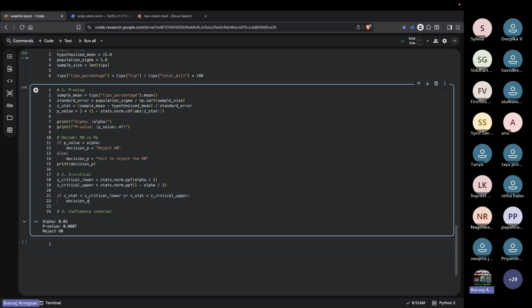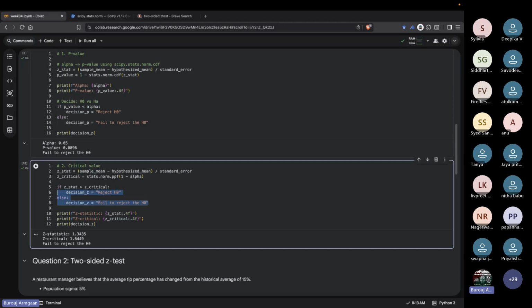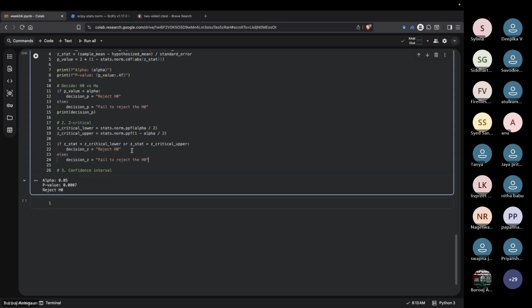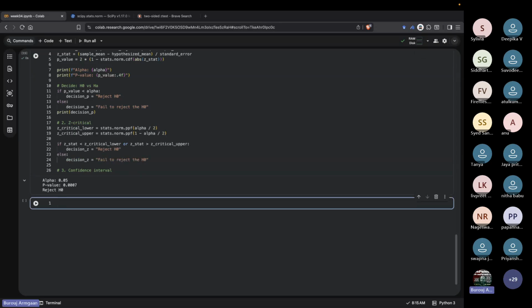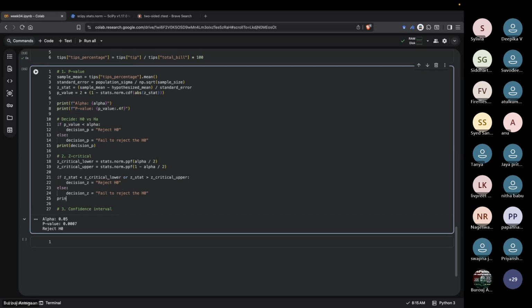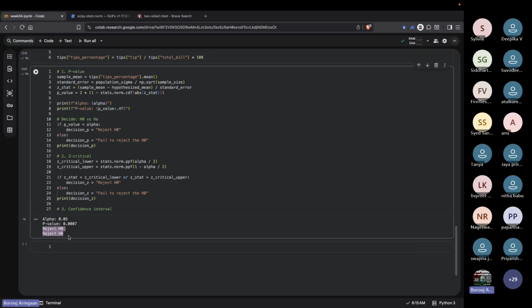I can write decision_z equal to, and we can again copy this part. We can say reject or fail to reject. If we print decision z, in both cases we have rejected.